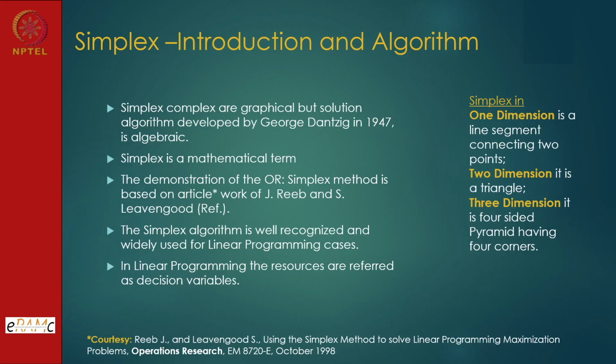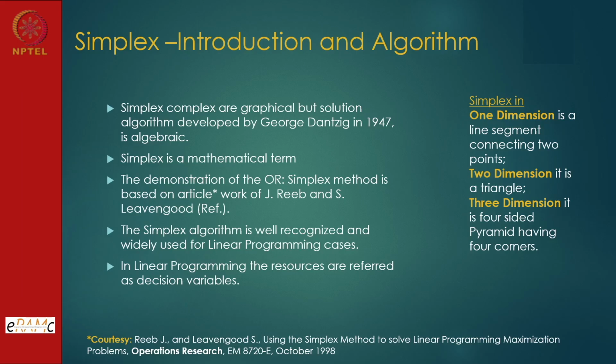It is a 1998 document. And here I take this opportunity to thank Rib and Levin Good for explaining the concept of Simplex so vividly and so legitimately that my students will benefit a lot because of this demonstration.